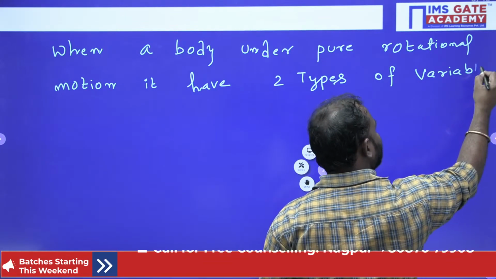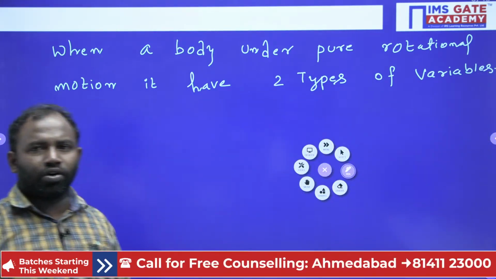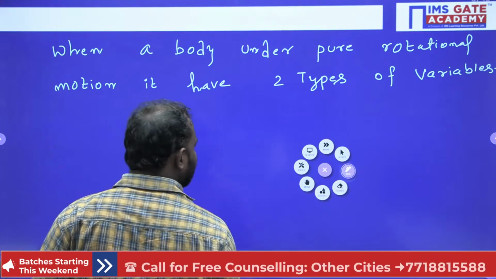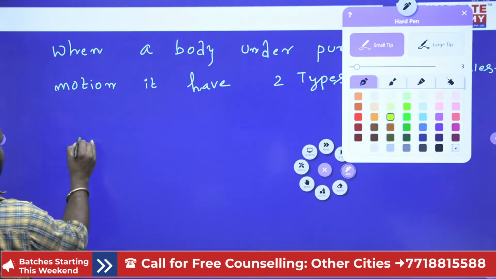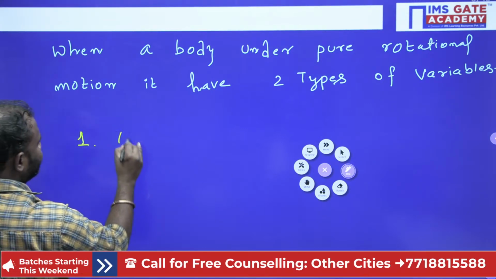All right. Now, what are those variables? First one, we have already discussed, angular motion variables.